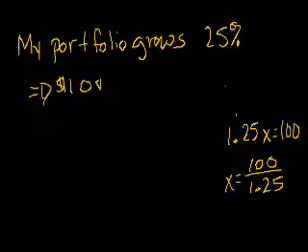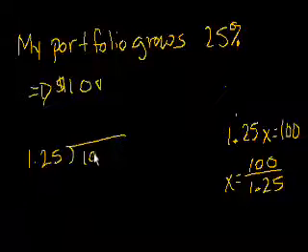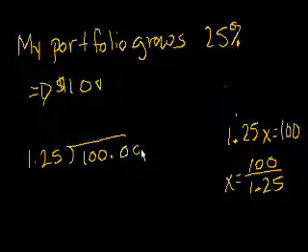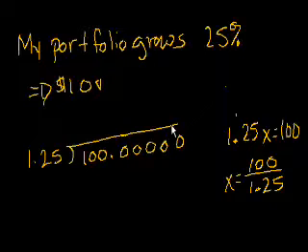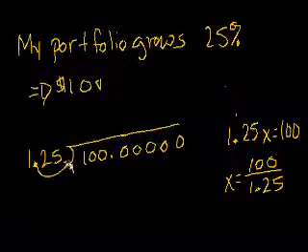Now let me make the pen thin again and go back to the orange color. Okay, x equals 100 divided by 1.25. So we say 1.25 goes into 100.00. I'm going to add a couple of zeros. I don't know how many I'm going to need. I probably added too many. If I move this decimal over 2 to the right, then I need to move this one over 2 to the right.